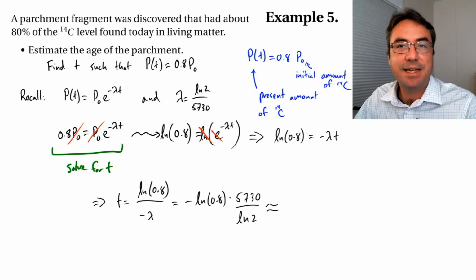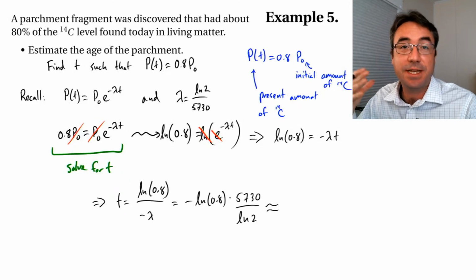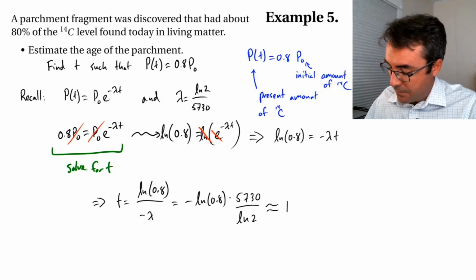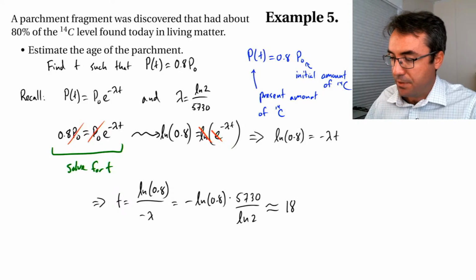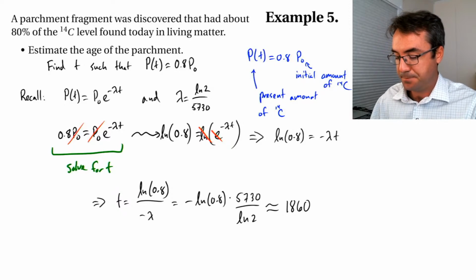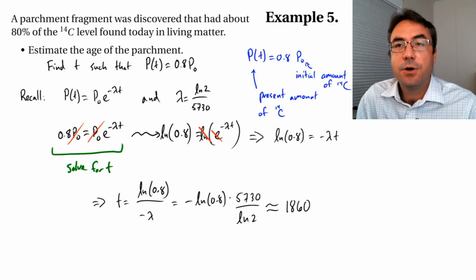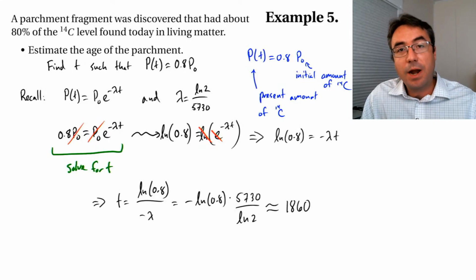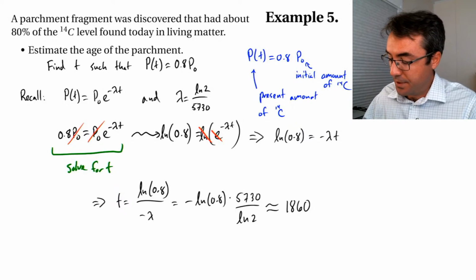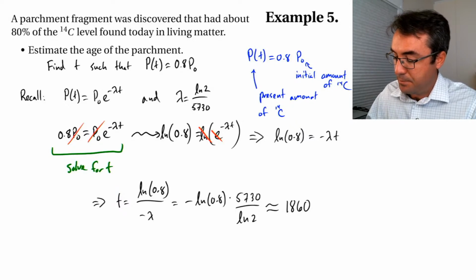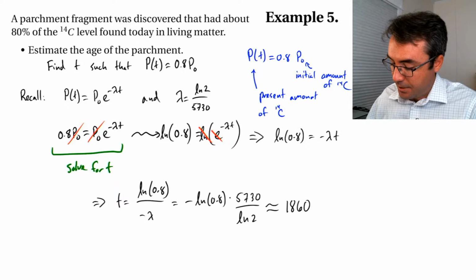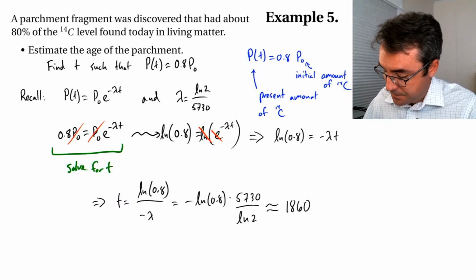But it helps to give some context. And so let's calculate that out. And we get approximately 1,860. And so that gives us an approximate age for this parchment. And the units here are years.